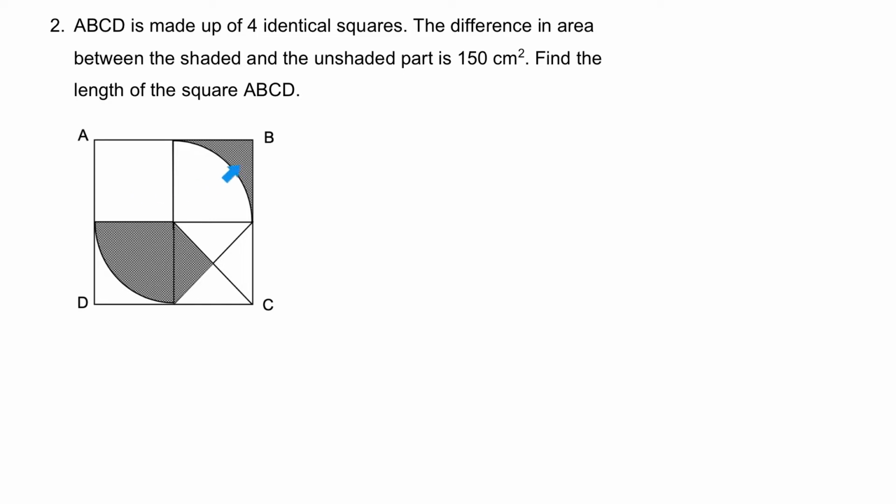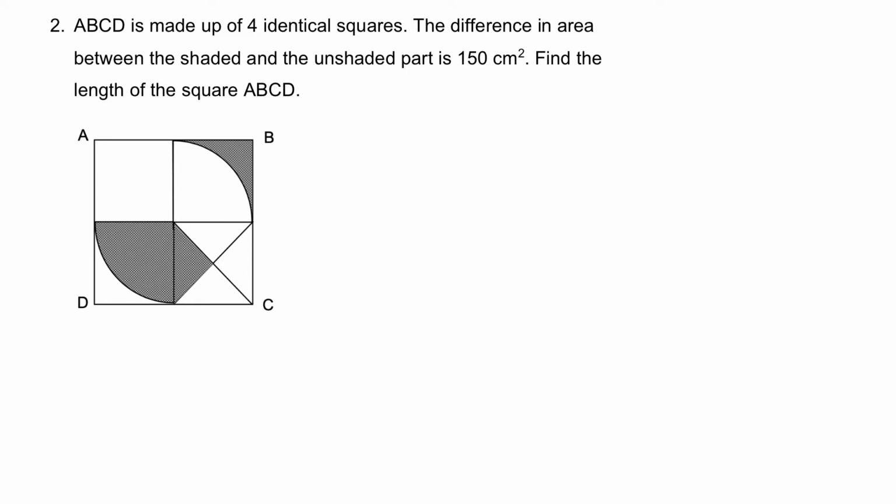One is that you cut the given shape up, such that it gives you smaller, nicer, easier to calculate shapes, or you shift them around. Sometimes you need to do both. So for this case, we are going to do both. First, we're going to cut up the shapes, and then we're going to move it around to form nicer shapes. What do I mean? Let me show it to you.